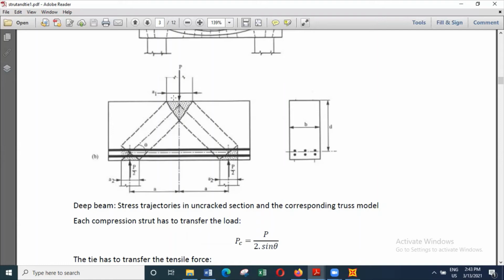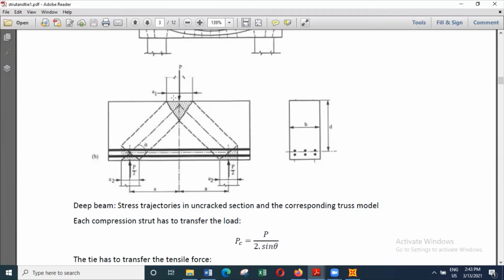So because of that reason, you can say the load to be resisted by the strut is given by the portion of the load transferred divided by sine theta.